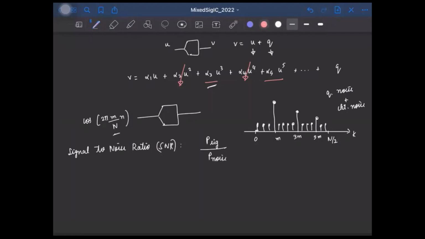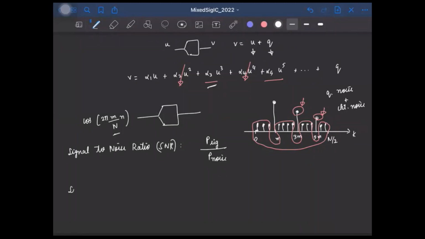While computing the noise power, we take only the strength of these bins alone. That is, we ignore the harmonics. We don't consider the strength of these harmonics in computing the noise power, so this only captures the effect of the noise.